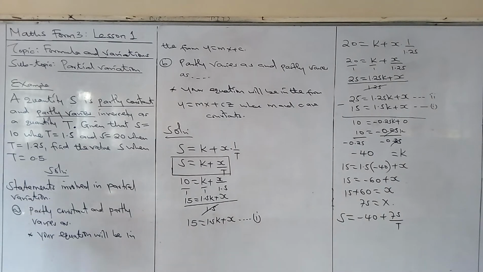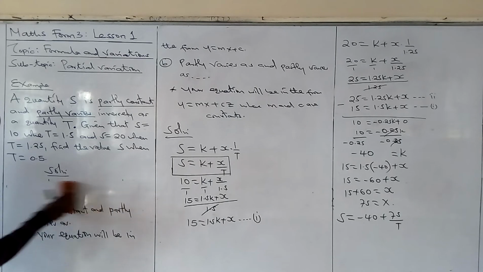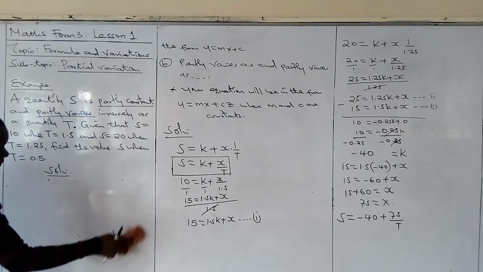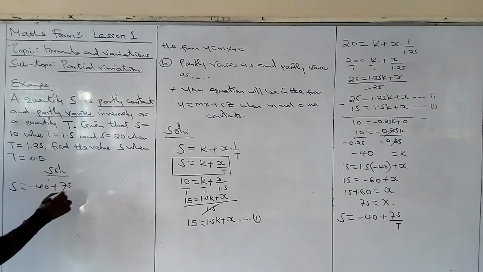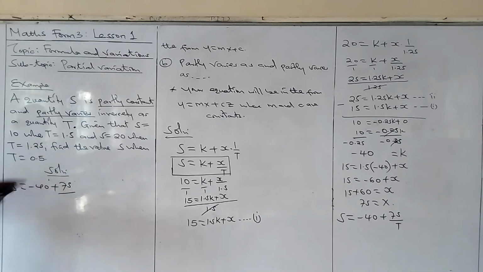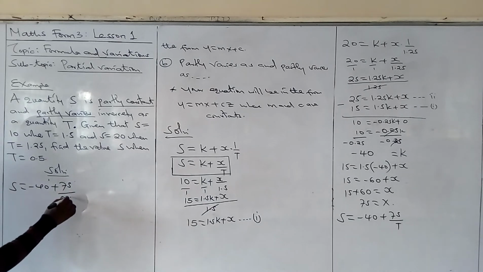The question wants us to find s when t is 0.5. Now, we will go to our equation, which is s is equal to minus 40 plus 75 divided by t, because t now is 0.5. That's what we put down there.